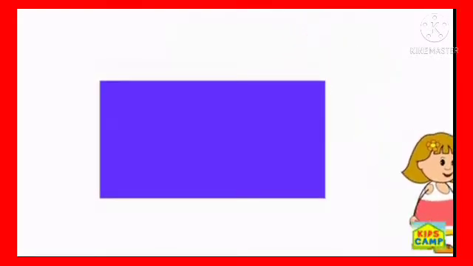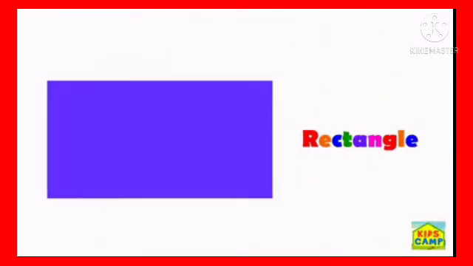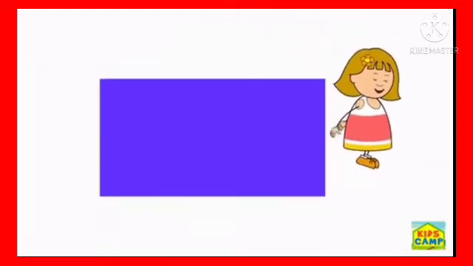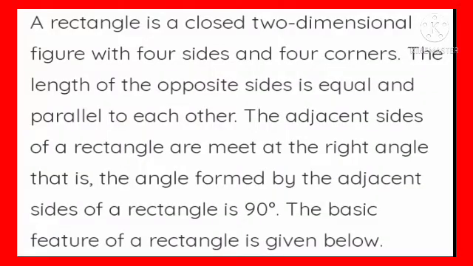Now let us study the shape rectangle. A rectangle is a closed two-dimensional figure with four sides and four corners or vertices. The opposite sides are equal in length and parallel to each other. The adjacent sides of a rectangle meet at a right angle.